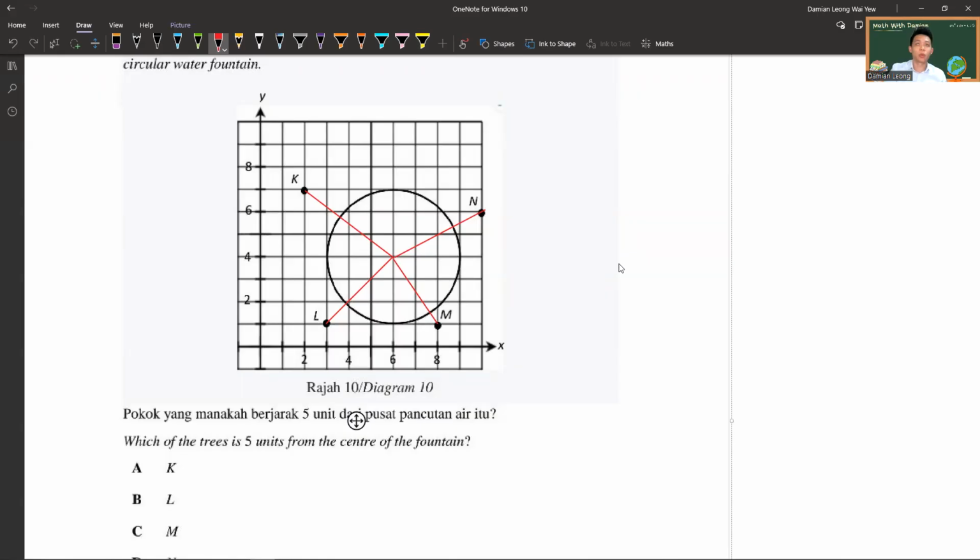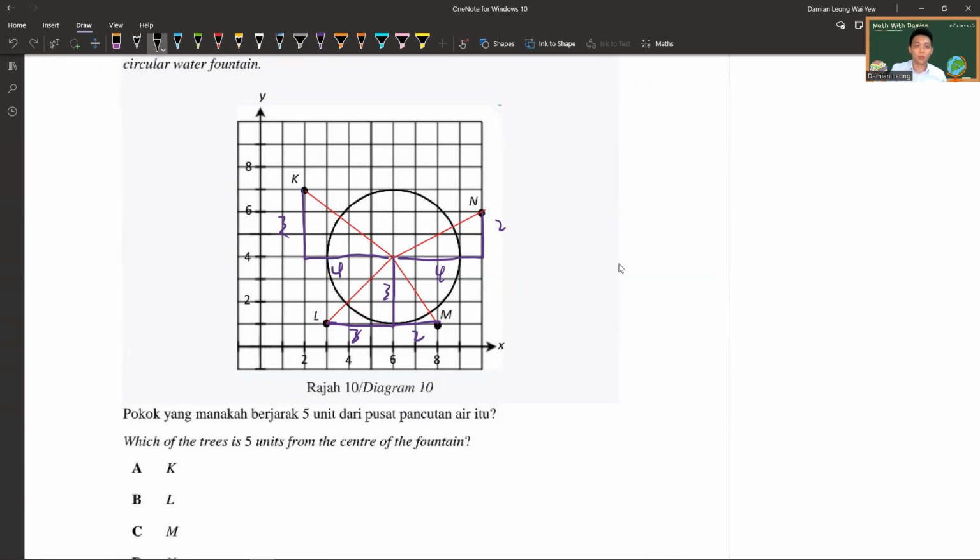Basically, we have to look at the distance for each one of them. And how do we do that? We split right angle triangles. Here 3, 3, 3, 2. This one is 4, 2, and this one 3, 4. So we calculate using Pythagoras theorem: a squared plus b squared equals c squared.